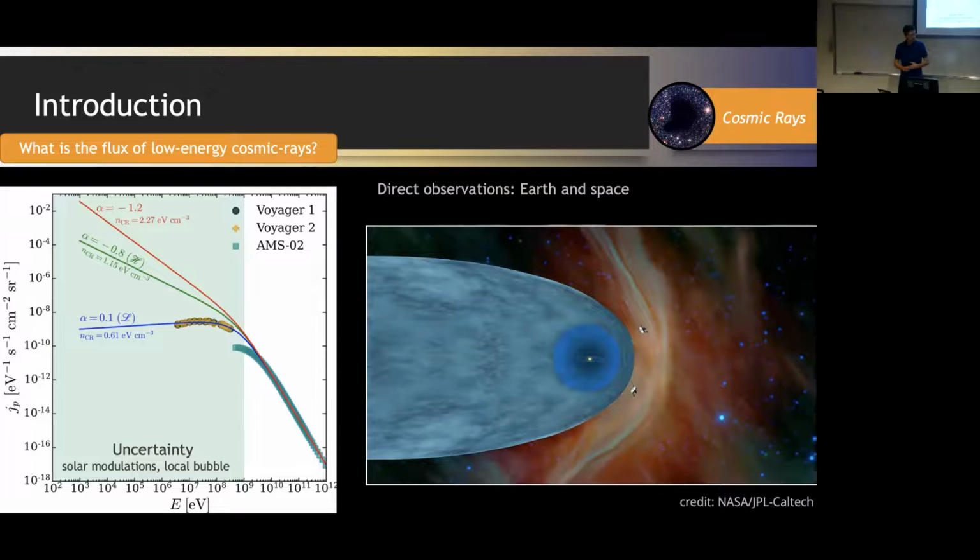The question is, what is it? So for example, here are 3 models for the slope, and we don't really know which one it is. Is that protons or what? Protons, yes, protons.